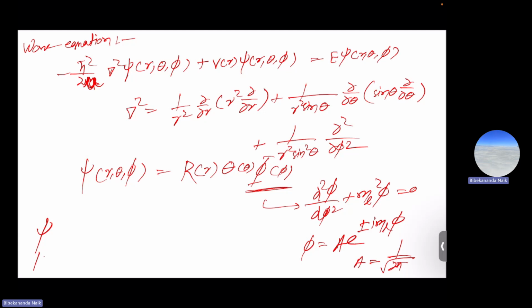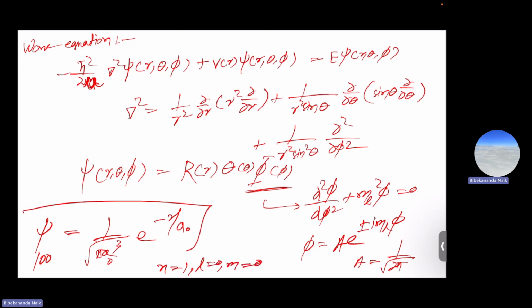For example, the ground state wave function, psi 100, can be written as 1 by root over pi a0 cube, e to the power minus r by a0, where n is 1, l is 0, and m is 0, and a0 is Bohr's radius.